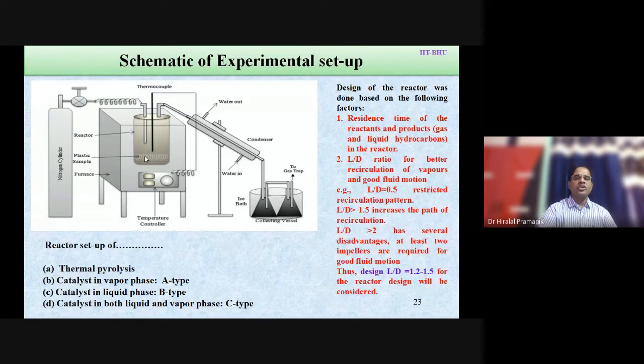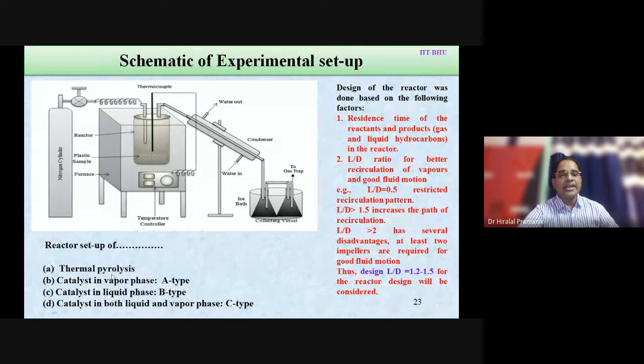Otherwise, that oxygen might create a problem, combustion within the reactor, because oxygen is there, high temperature, and fuel is there, so combustion might take place. So to remove the oxygen within the reactor, nitrogen is passed initially, then we start the reaction.